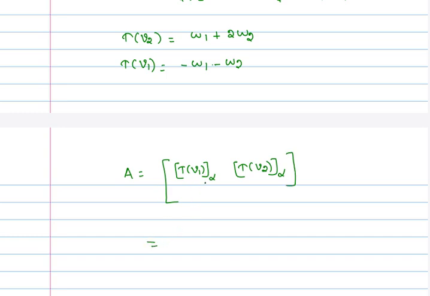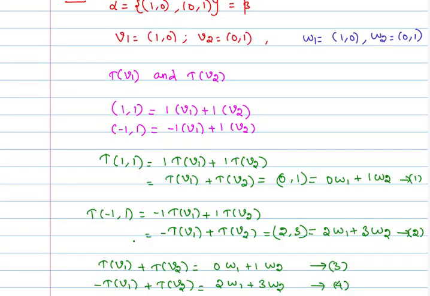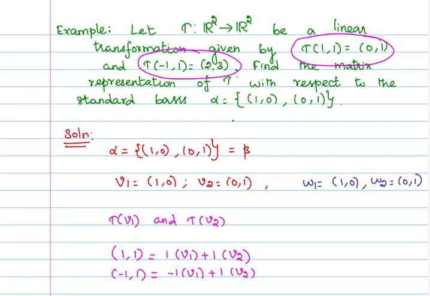What is T of v1 with respect to alpha? It is (-1, -1), column wise. Similarly, the T of v2 column is (1, 2). This is the matrix associated to the given linear transformation with the basis.